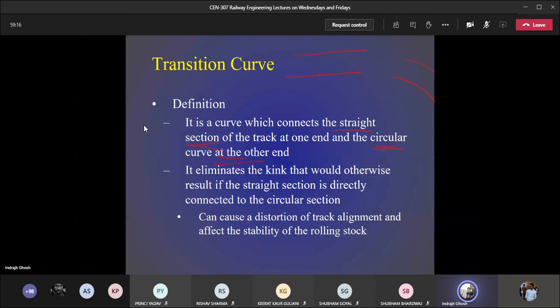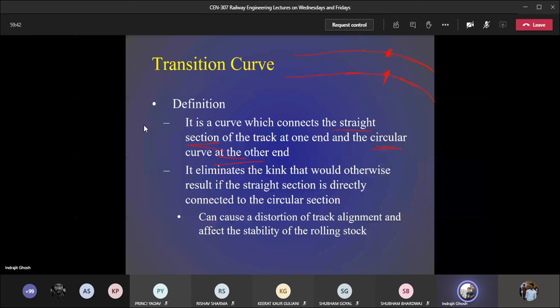So if we provide it, we'll be able to remove the kink. A straight line to curve is coming, so there can be generation of a kink. That kink will be harmful in terms of the health of the track, wearing and tearing of the rail, health of the rolling stock. At the same time, it will cause discomfort to the passenger. So we need to get rid of the kink.